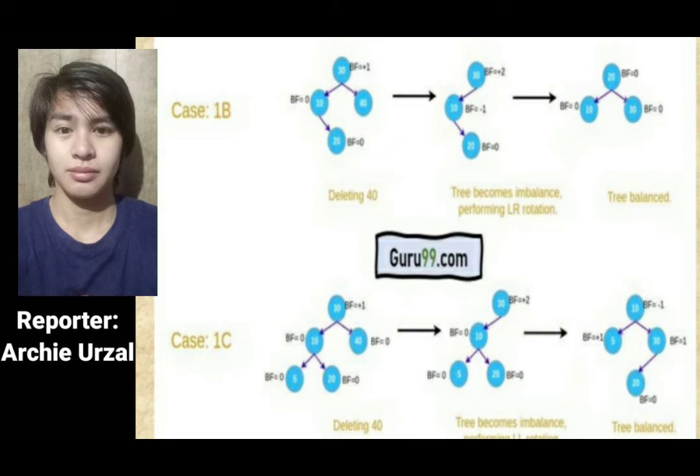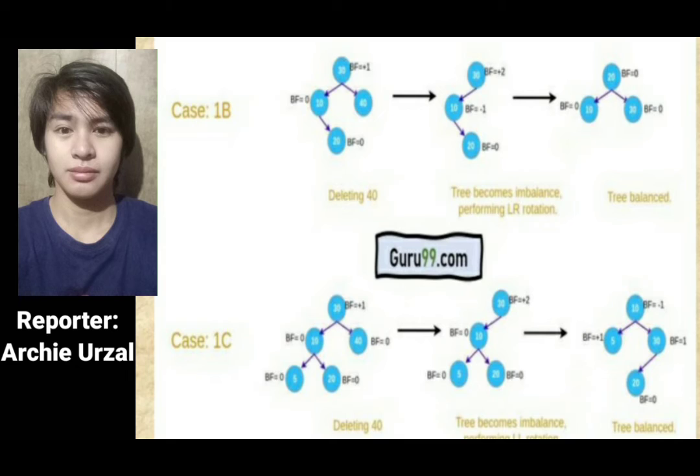So you do a left rotation at node 20 and a right rotation at node 10, and the output of this rotation is a balanced tree.